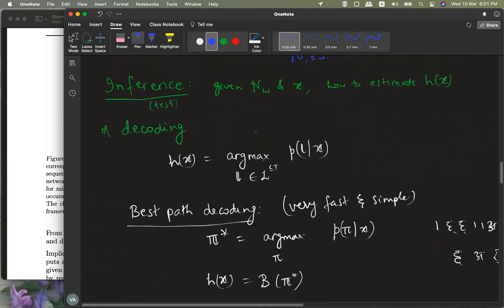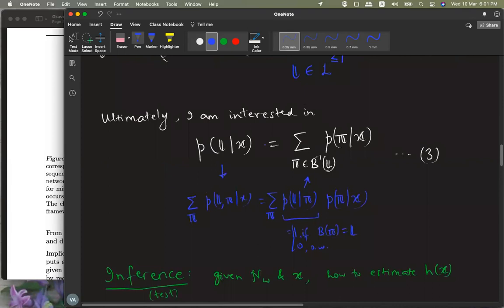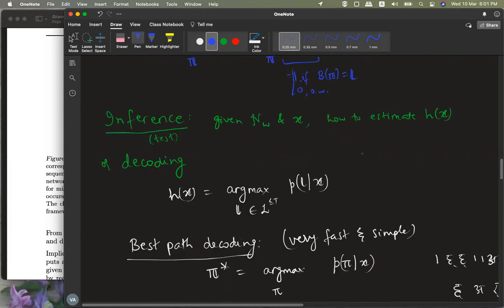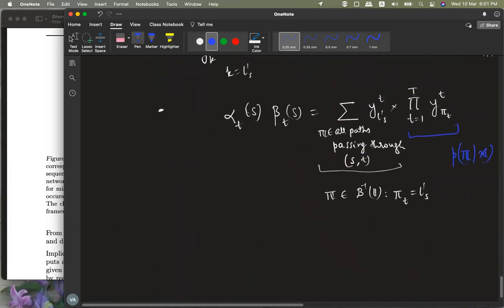We saw somewhere. Yeah. P l given x was simply sum over all possible paths, right? Sum over all pi, p pi given x. So basically, if you look at this term now, p pi given x, sum over all of these, this is simply your p. Let me write it down so that you can get it.